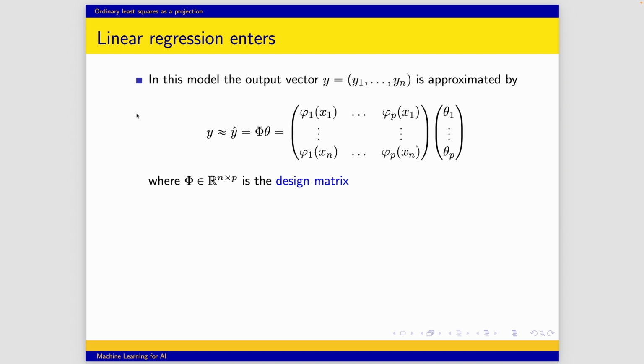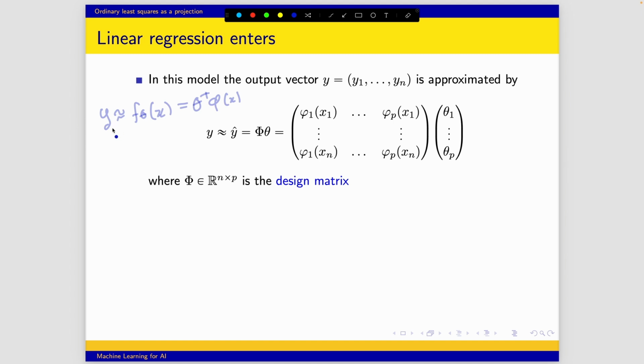Now, we can equivalently write this model. So our model for each x, we have this model that y is approximately f theta of x, right? Which is that sum, or we can write it as theta transpose psi of x.